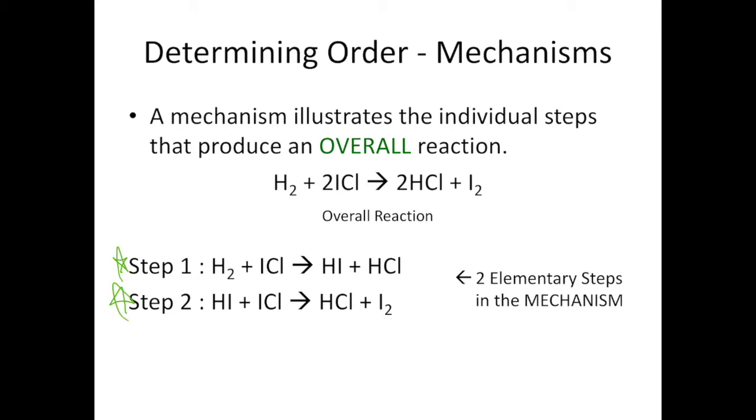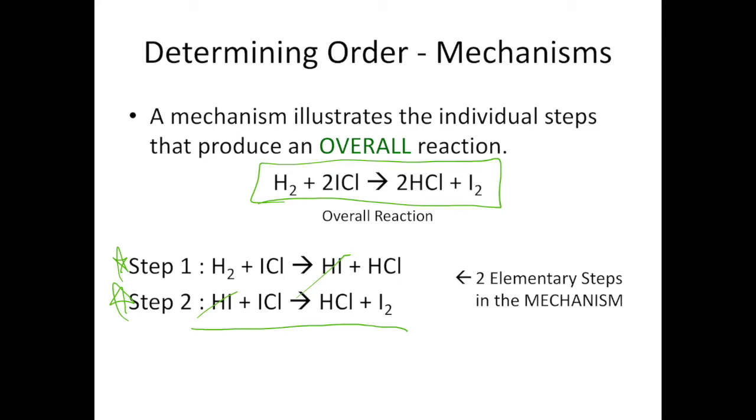Here's your overall reaction that comes from these two steps. If you add these up and cancel stuff that is the same on both sides, just like we did in Hess's law, you should come out with that as your overall reaction.